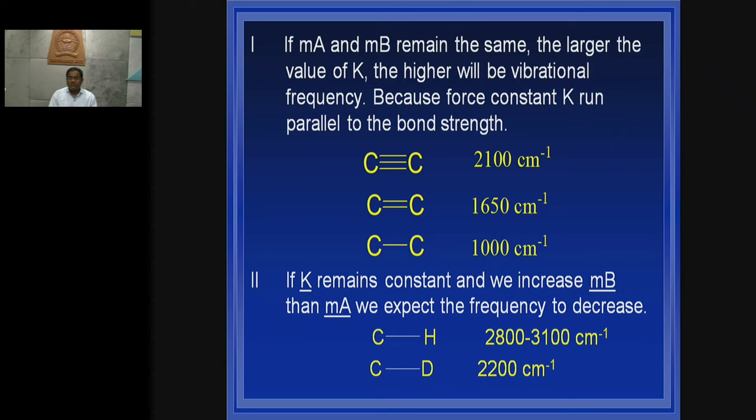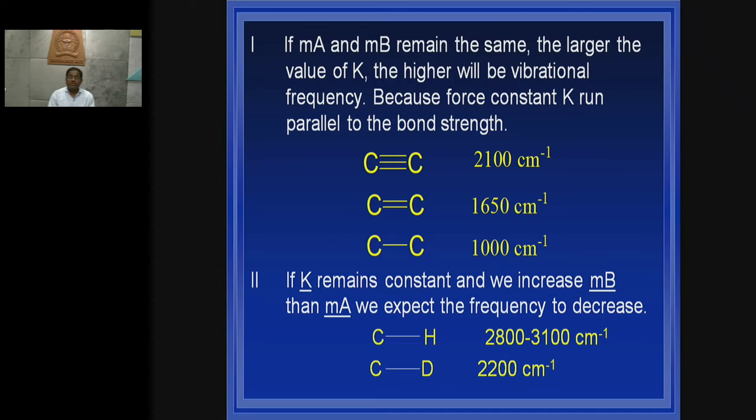You can have here three different types of bonds given: carbon-carbon triple bond, then double bond, and then single bond. The observed frequency values are also mentioned over here. For the triple bond it is 2100 per centimeter, for the double bond it is 1650, and for the single bond it is 1000 per centimeter. Why are the values decreasing from first to last?